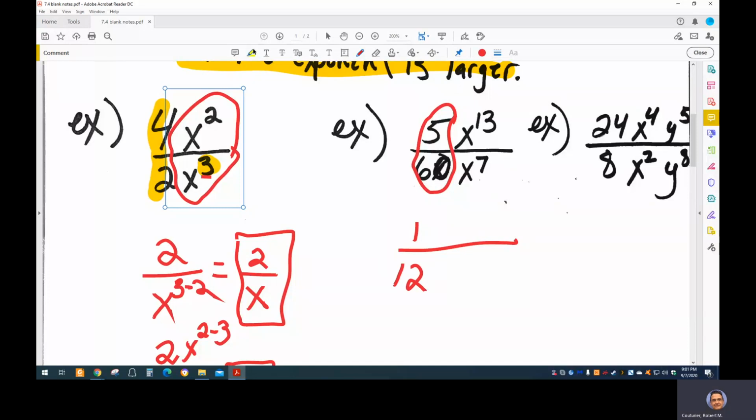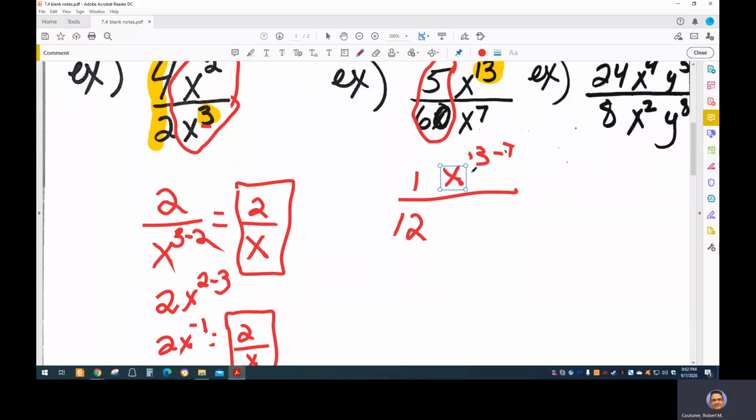Where is our exponent larger? Our exponent is larger in the numerator, so that's where we're dealing with all of the exponents. So 13 minus 7. Now we don't need to keep the 1 here since there's something else up here, so we have x.